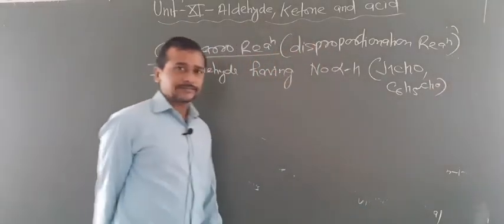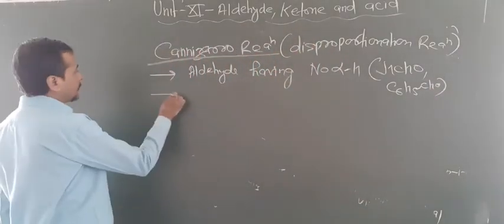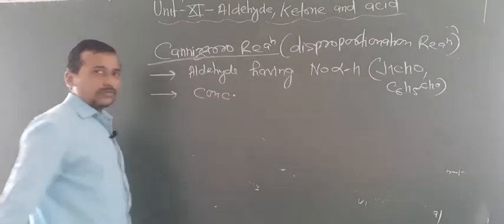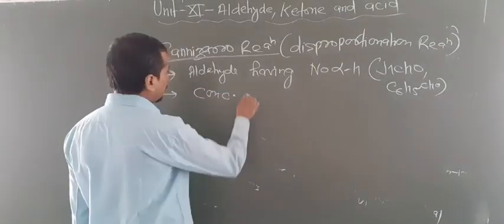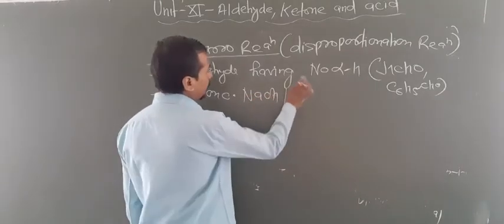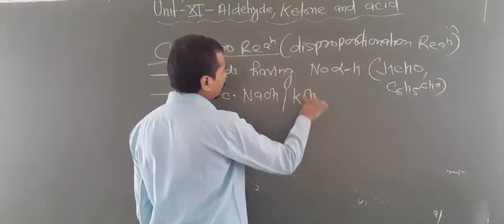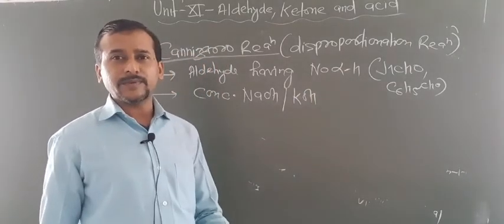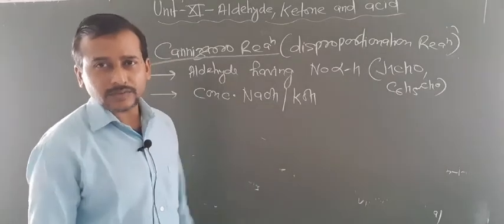Okay dear students, second thing: in aldol reactions you take dilute NaOH, the dilute base, but here you have to take a concentrated base, either NaOH or KOH. One question may arise: what is the basic difference between the aldol reaction and the Cannizzaro reaction?